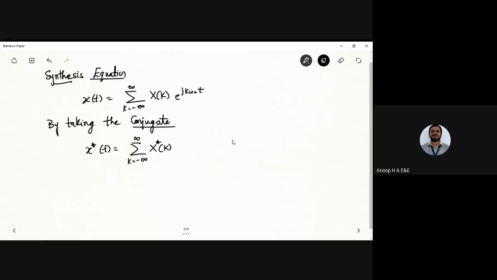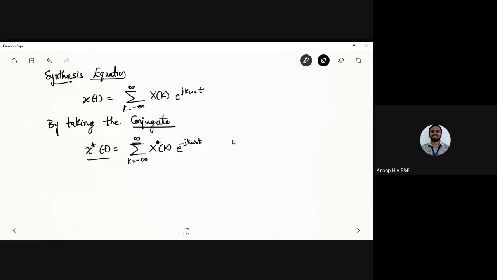If you take the exponential function which is positive, it will be negative there. So e power minus j into k omega naught into t. If you recall the theorem, the same thing we had done there also, taking the conjugate, right? So x star of t would be equal to sigma k equals minus infinity to plus infinity x star of k into e power minus j into k omega naught into t.